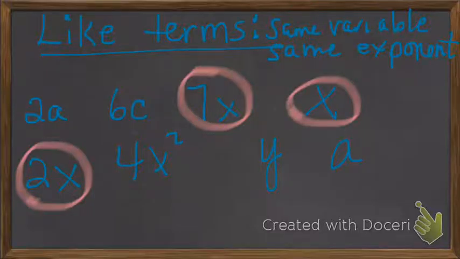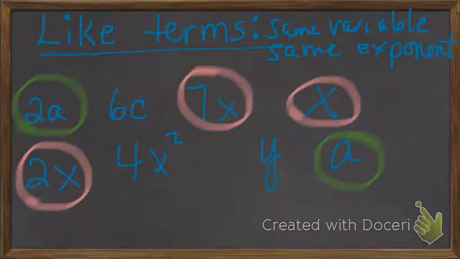Those are like terms. Okay, let's pick out some more. Are there any other things that would go together? We got a 2a and 2a perhaps. Any more a's? There's another a. All right, and that looks like it, right?